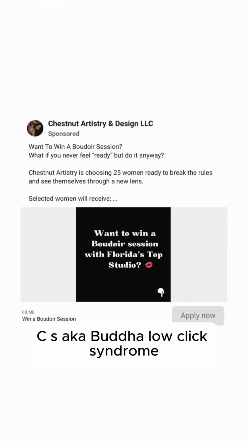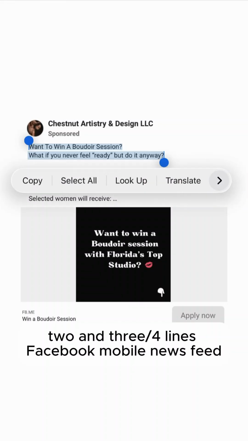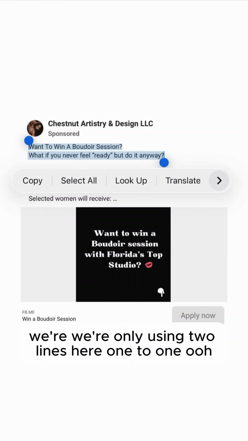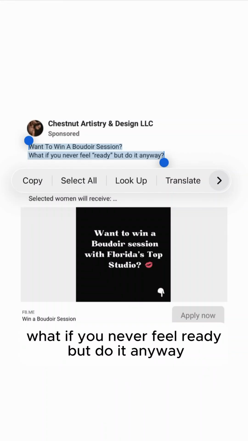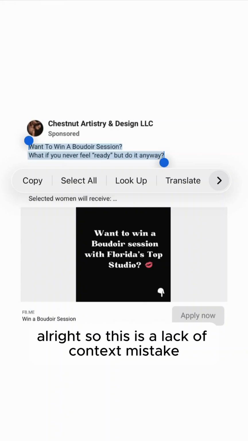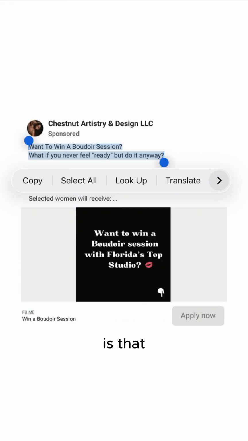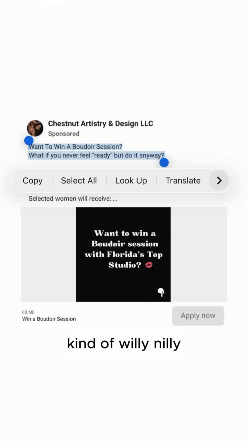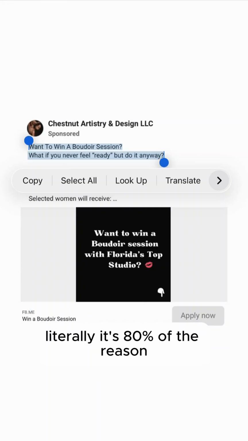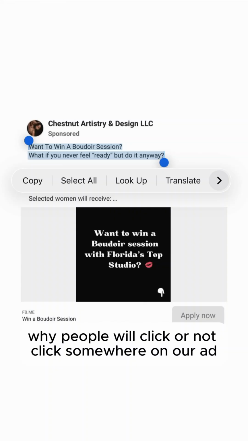Finally, we're going to look at the see more headline here. First 2 3/4 lines, Facebook mobile newsfeed. We're only using 2 lines here. 1-to-1 Boudoir session. What if you never feel ready, but do it anyway? All right, so this is a lack of context mistake. The false belief that caused us to make this mistake is that we're thinking the see more headline's kind of willy-nilly, when in fact, literally it's 80% of the reason why people will click or not click somewhere on our ad.